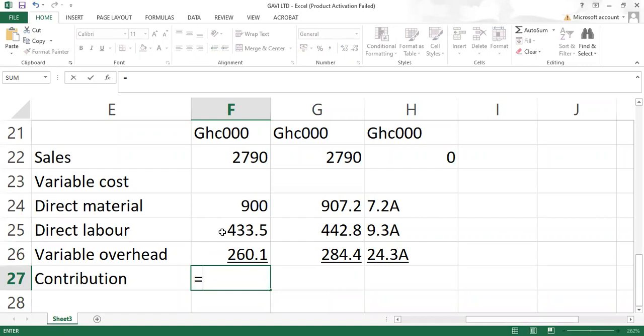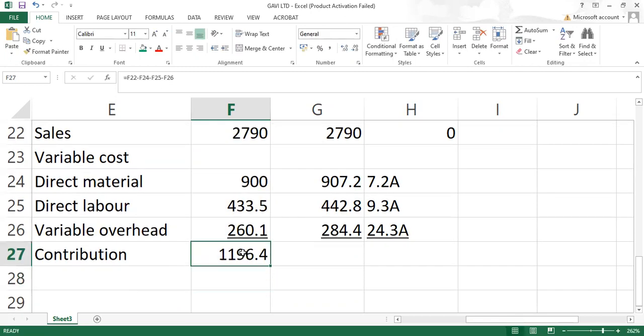Sales minus variable cost. Sales minus total variable cost. Okay. So this is our contribution.